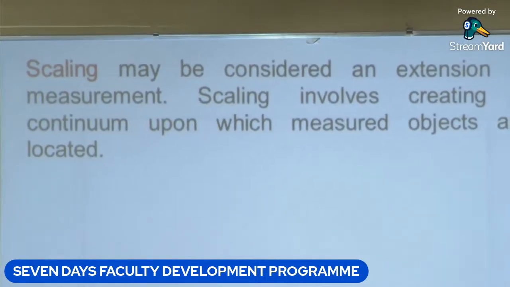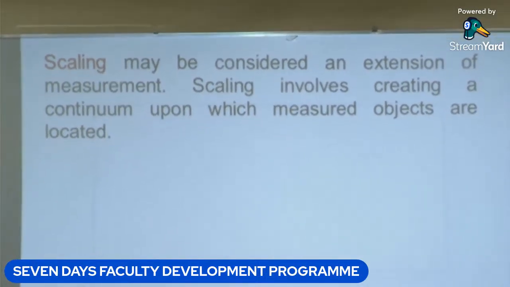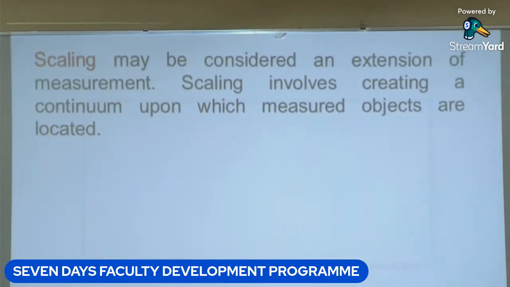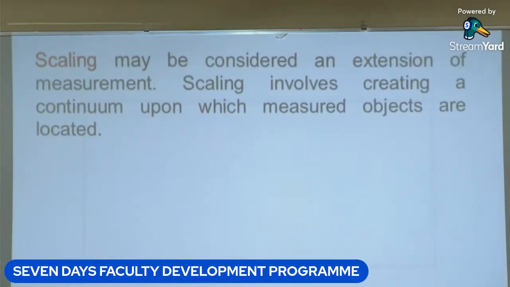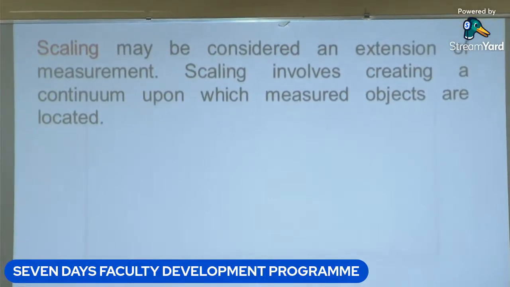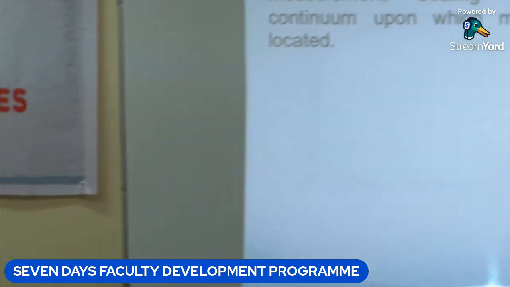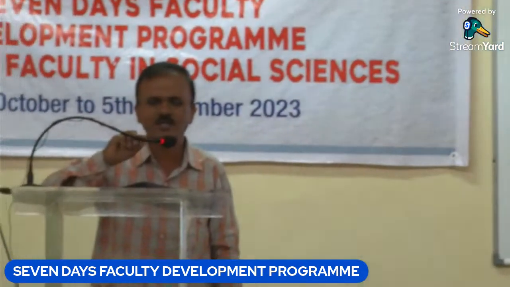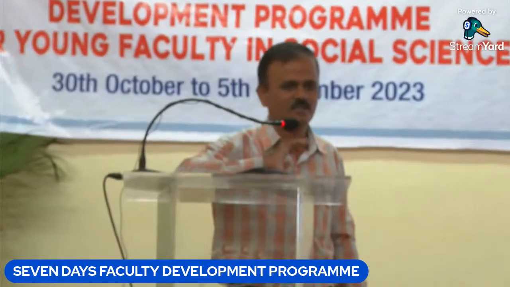So measurement is a procedure of assigning numbers, and we need to assign numbers for 2 types of constructs or concepts. The one is physical or quantitative, the other one is qualitative or abstract.